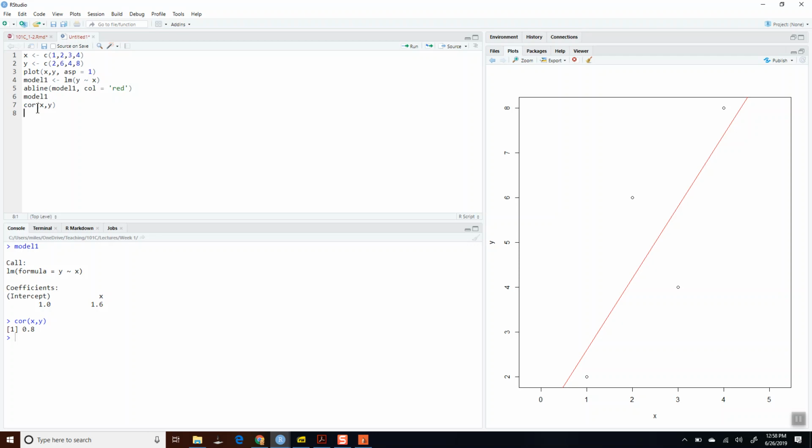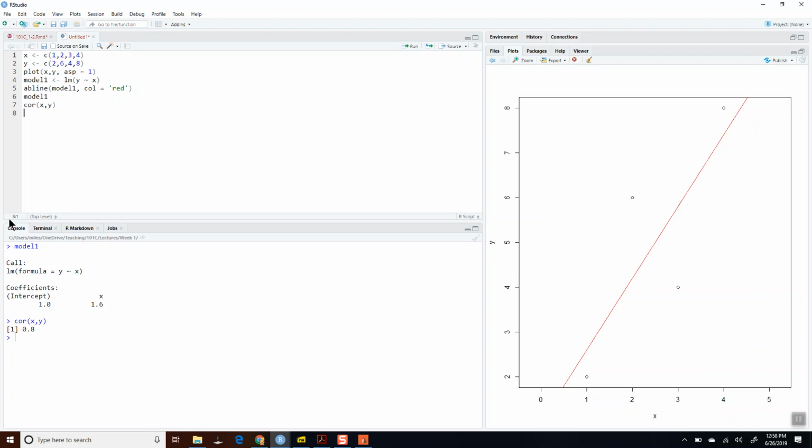Do you guys think the slope is significantly different from 0? What's your gut instinct here? It feels that way, right? I got x being 1, 2, 3, 4, and y is 2, 6, 4, 8. Okay, and it looks like this.